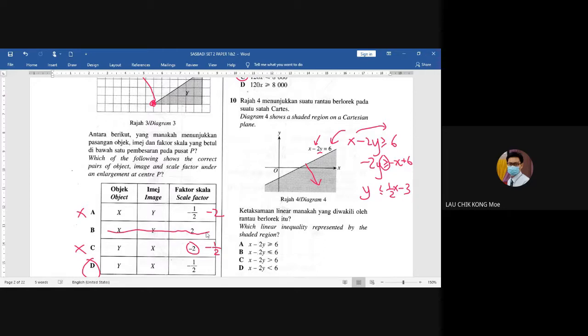If we look here, this shaded region is less than or equal, so the original inequality should be greater than. So the answer should be A.